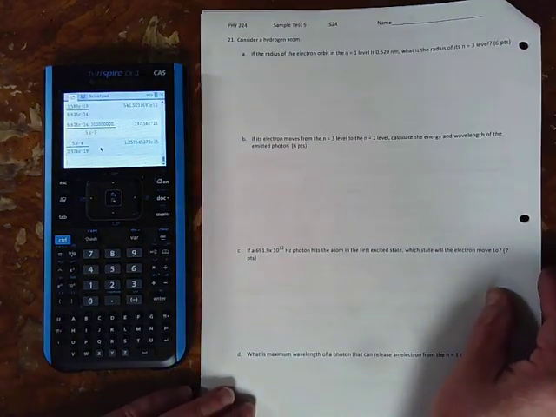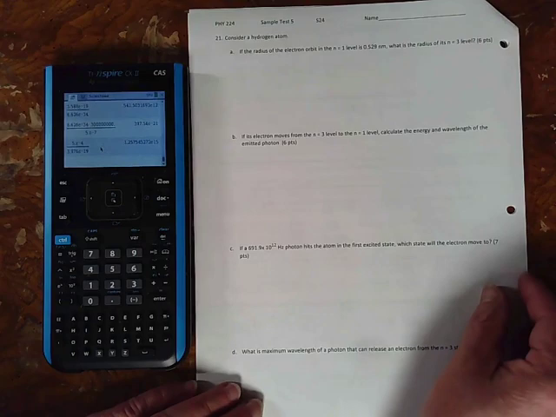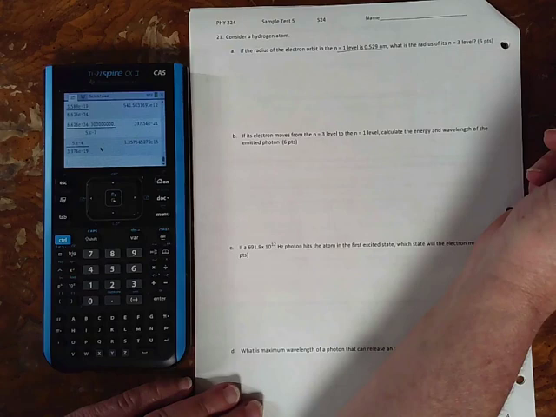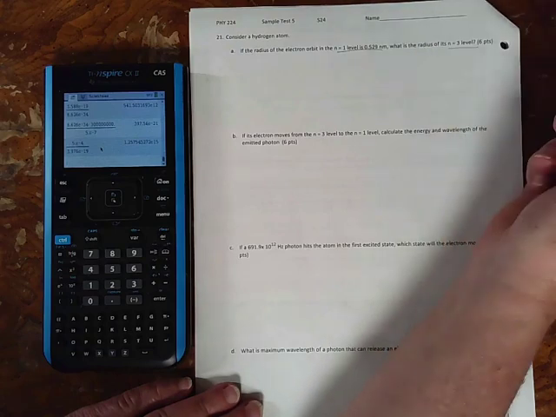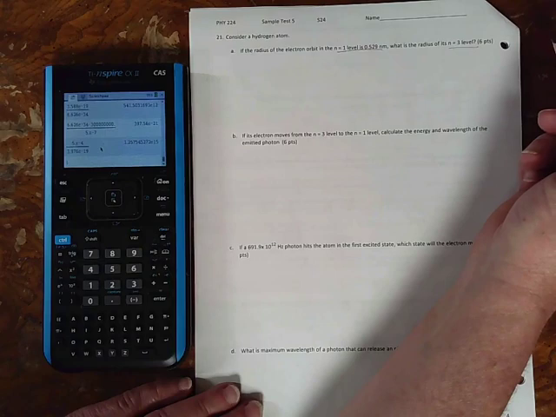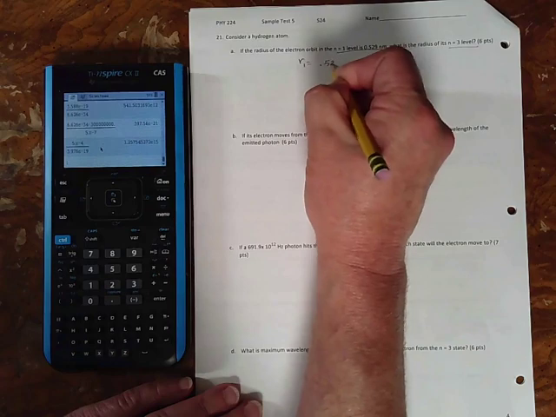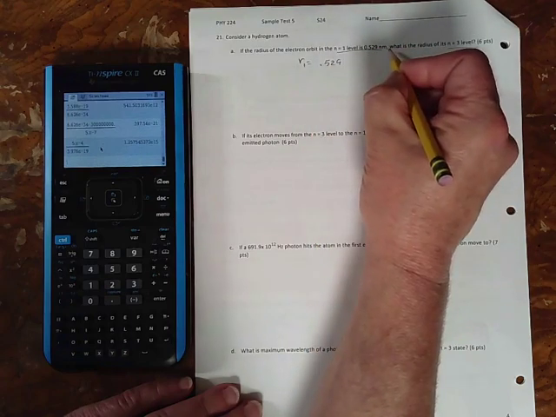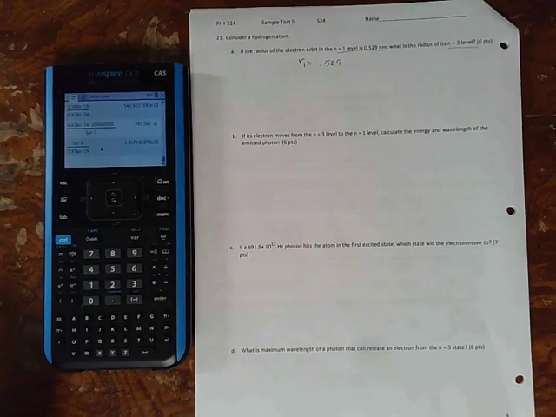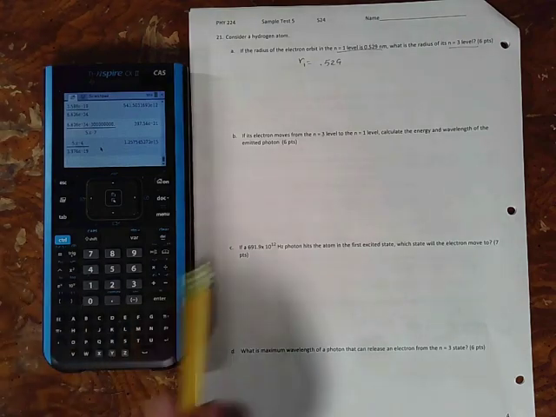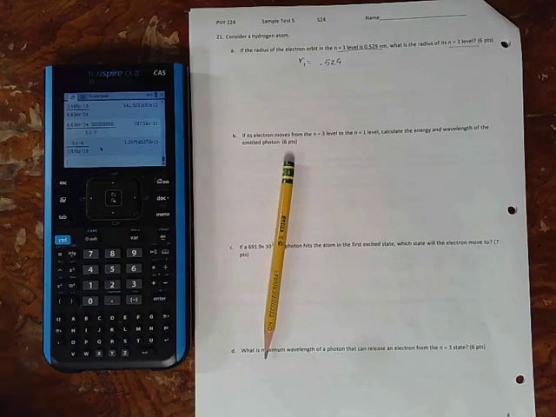Alrighty, 21. Hydrogen atom, if the radius of the electron orbit at the n equal 1 level is 0.529, what is the radius at the n equal 3 level? Okay, so we have our equation. R1 is 0.529 nanometers. I wonder if that's a typo, because I was thinking it was 0.529 times 10 to the negative 10.